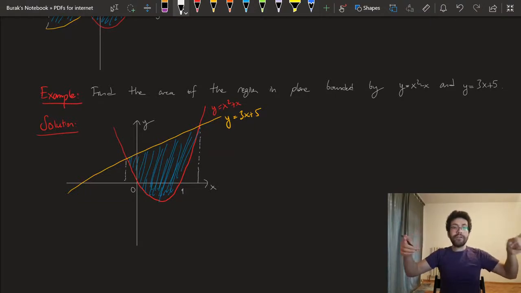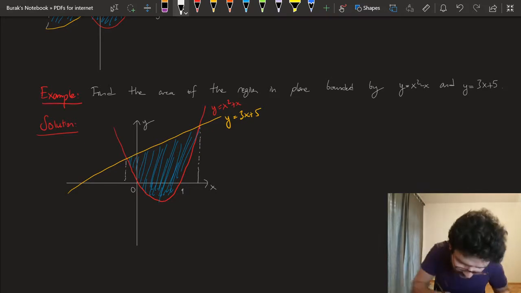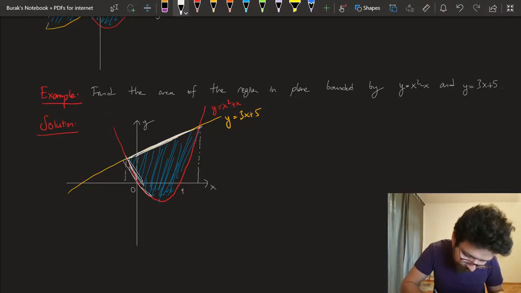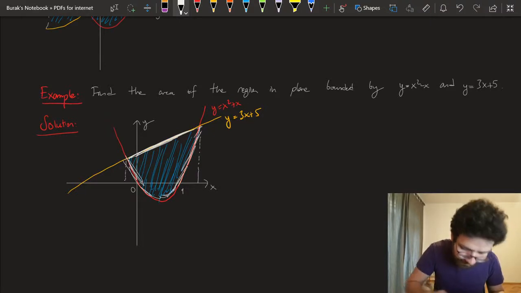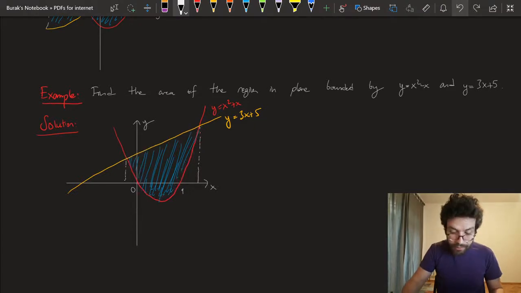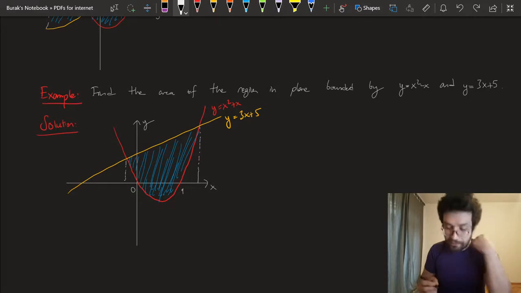That interval is not 0, 1, because as you can see this region is between the graph of this function and the graph of this function over this whole interval. So I need to find that interval.